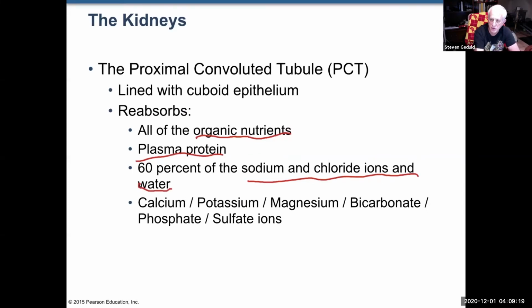When osmotic pressure, you absorb salt, water gets pulled with it to keep the concentrations equal. Okay, it also reabsorbs calcium, potassium, magnesium, bicarbonate, phosphate, and sulfate. Okay, all those ions that we use as building blocks in ATP, in our amino acids. Okay, it reabsorbs all that in the proximal convoluted tubule.